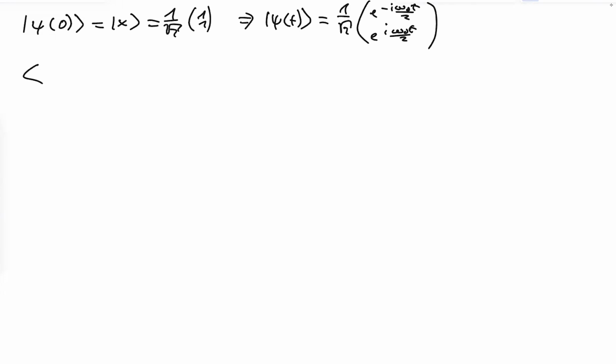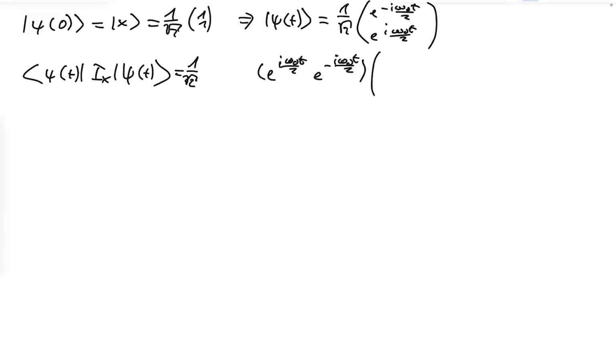Then the expectation value psi of t Ix psi of t equals e to the i omega 0 t half, e to the minus i omega 0 t half, because we take the complex conjugate in the bra vector, and we have to multiply with 1 over square root of 2.